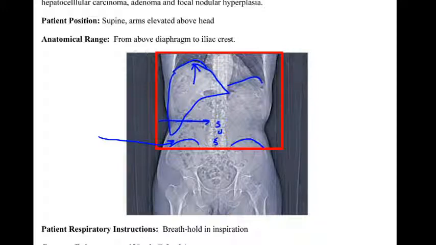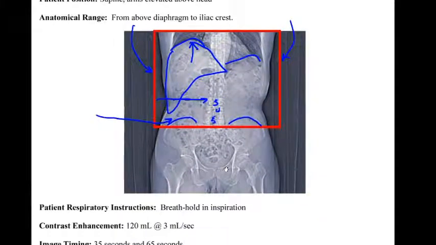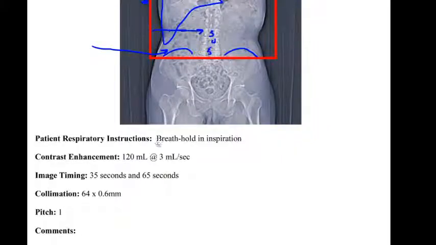Once again, open up your scanning field so that you're actually getting all the soft tissue here and not compromising anything. Once again, a patient is going to hold their breath at inspiration, and the scan shouldn't take very long at all. You'll notice something strange here is that we're actually injecting 120 milliliters, which was the same for the routine abdomen, at 3 milliliters per second.